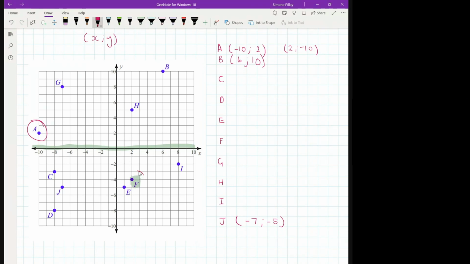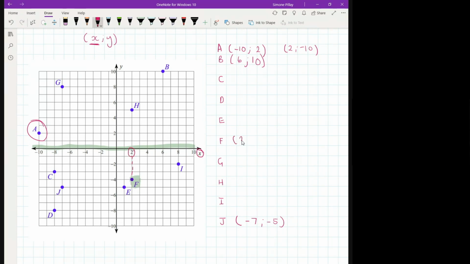So if we look at point F over here, remember, we are trying to find the coordinates of F. We always want my X value first. This is my X-axis that I've highlighted in green. So I'm going to draw this dotted line up to my X-axis, and what number do I get?